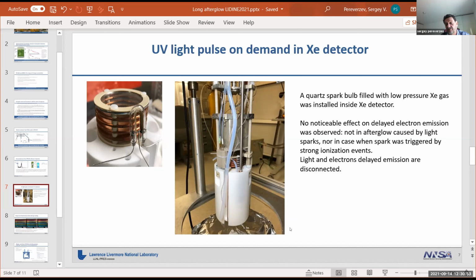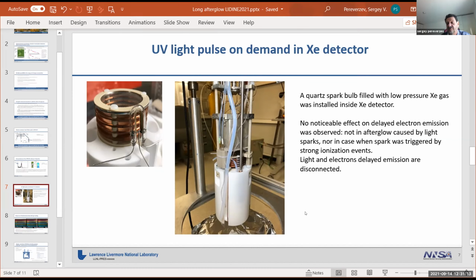What we observe first: we were looking for possible additional electron production after light sparks, but we do not observe a noticeable effect of these sparks on delayed electron production.